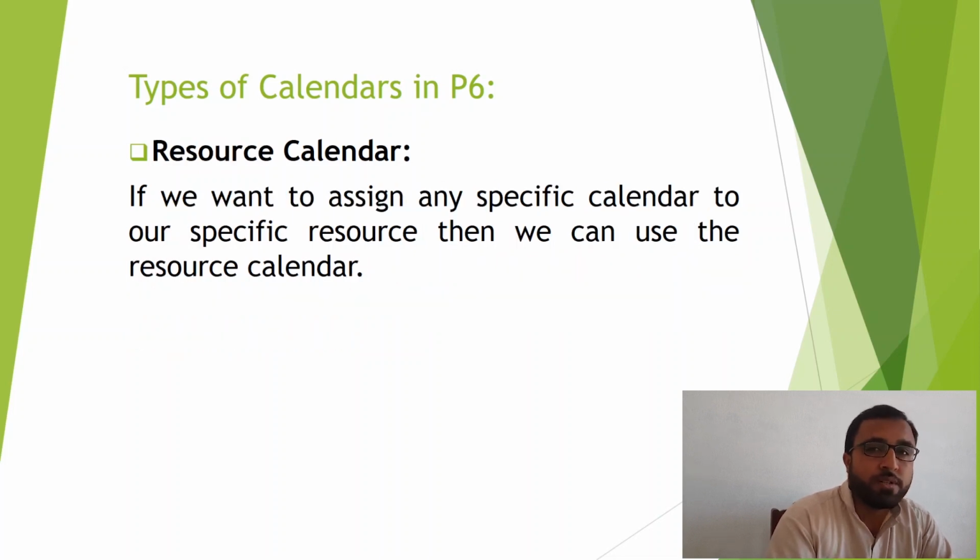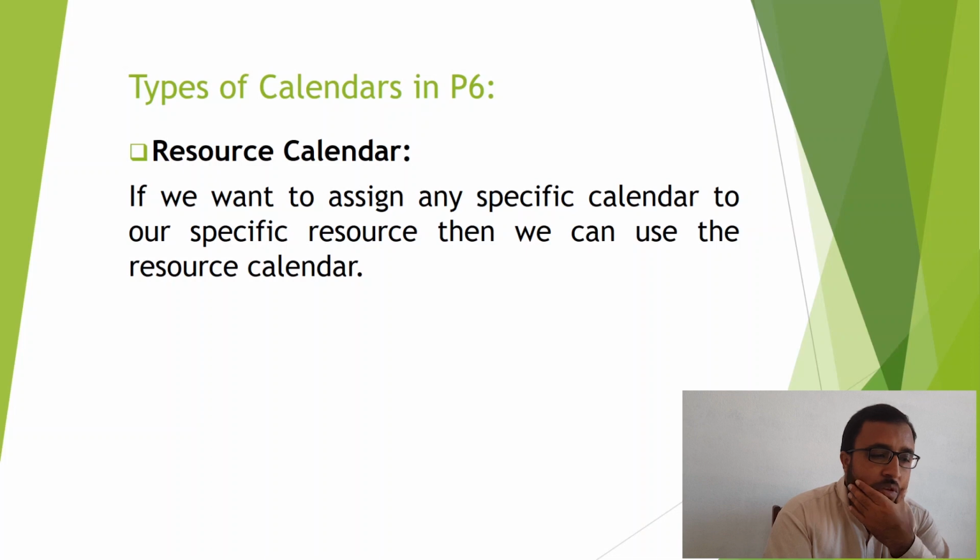Then there is a resource calendar. If a specific resource is used only 4 hours a day, maybe not 8 hours a day, then we can define a separate calendar for that resource only. That type of calendar is called the resource calendar. An activity usually takes our predefined calendar in which we have defined 8 working hours in a day.